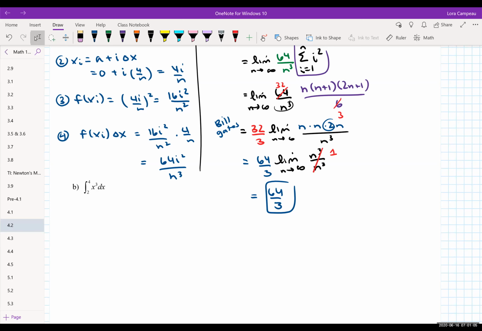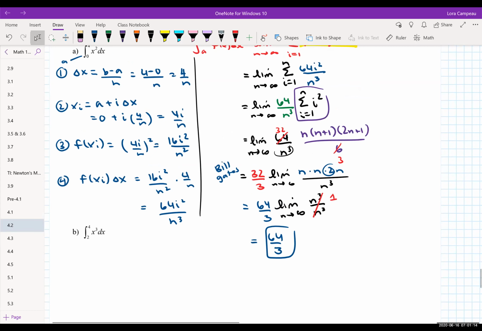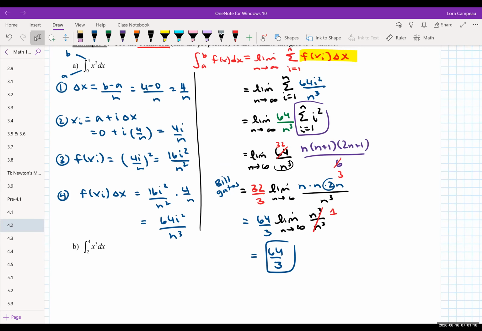We could do this directly, but I would have an issue when you're trying to calculate your delta x, and you're looking at your f of x sub i and your a's, it's going to be a little interesting. So I'll let you play with it if you're interested in doing this directly, but I'm interested in utilizing some of my properties.